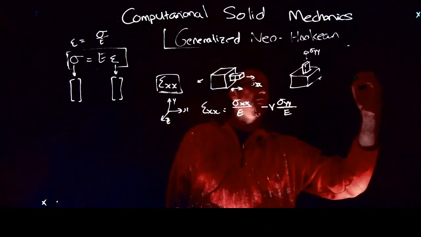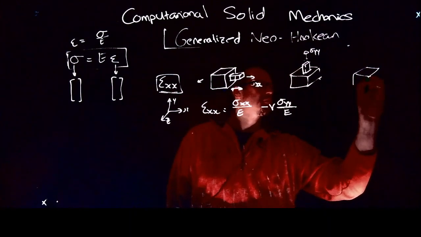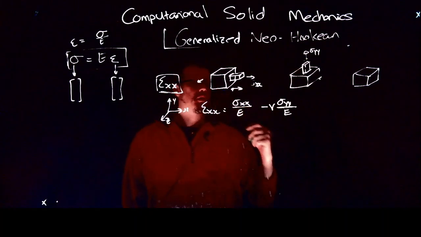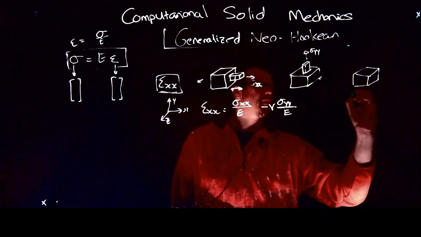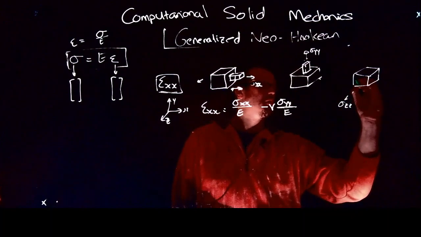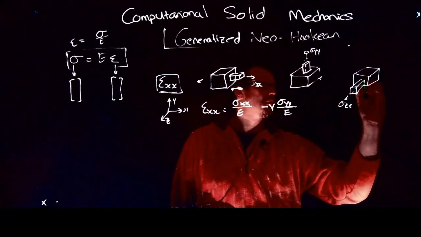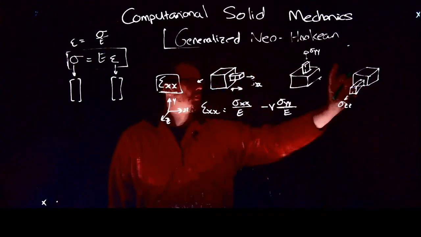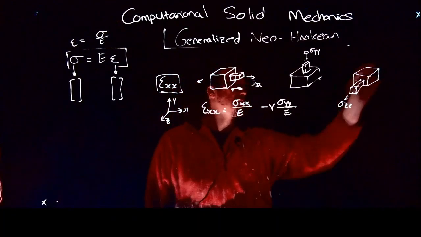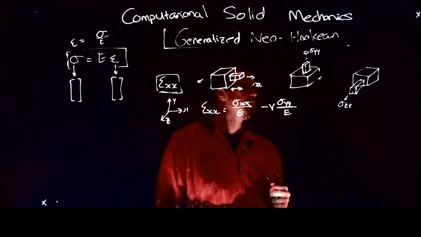And then there's obviously the third case: if I now go in the z direction and apply a sigma zz, for instance, then things might also contract in that x direction. So that might be related to a stretching or compressive mode in the z direction.